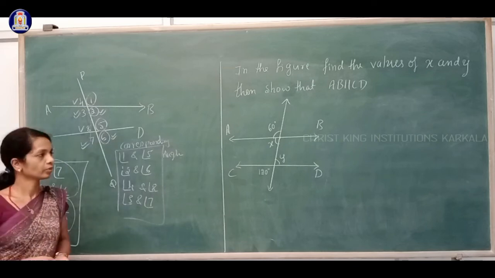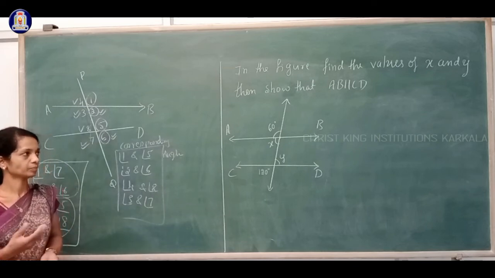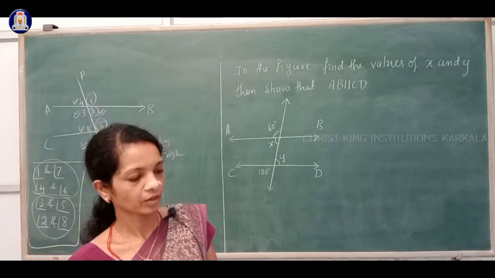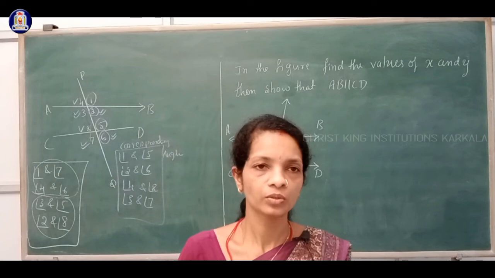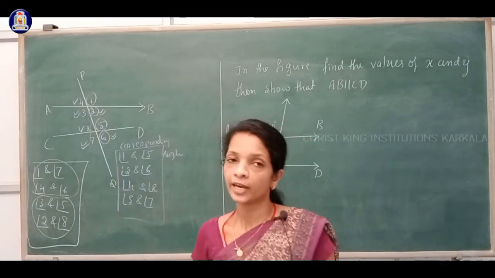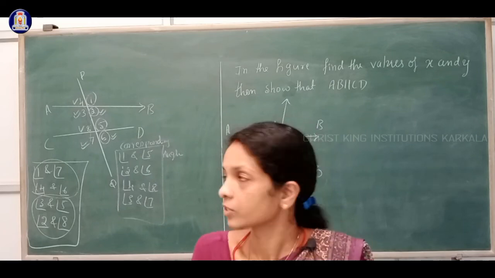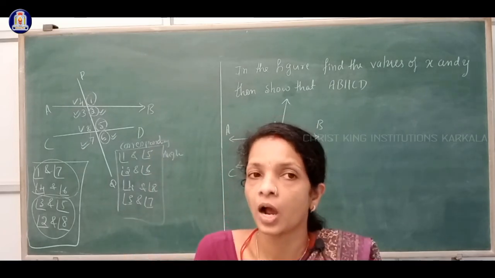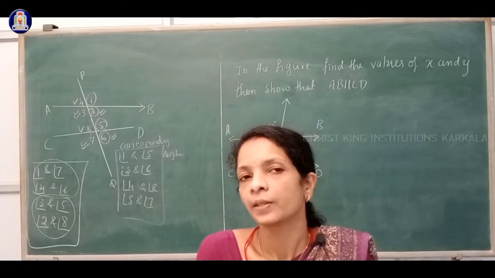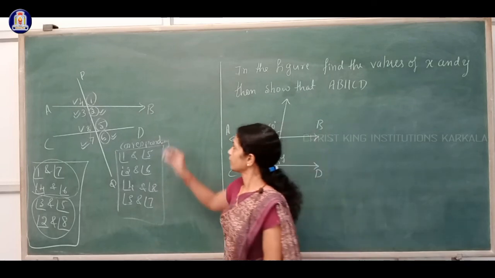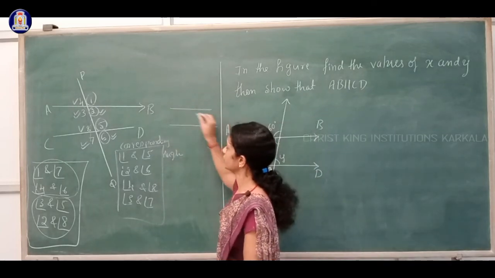You have many results on this, and some of these results we have to use to solve problems. So if any one pair of corresponding angles is equal, then straight lines AB and CD are parallel, and if any one pair of alternate angles is equal, then also AB and CD are parallel.